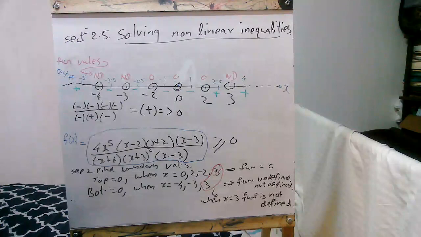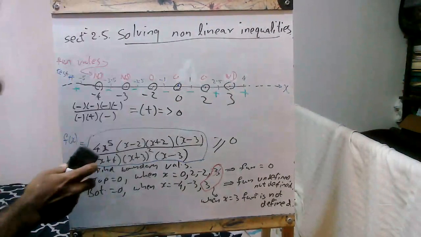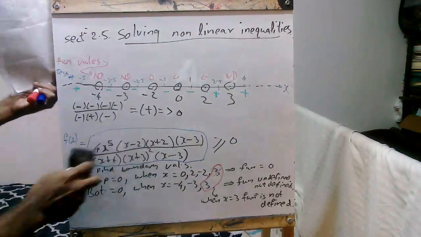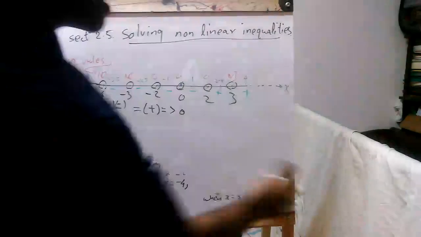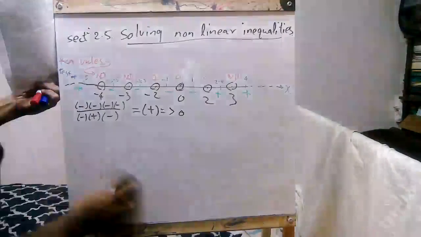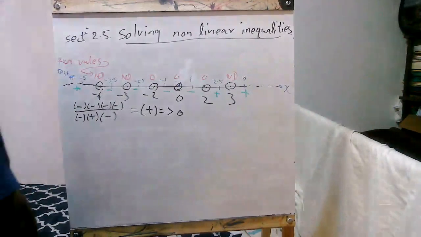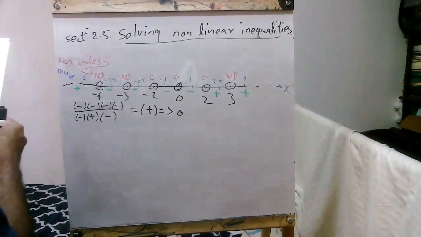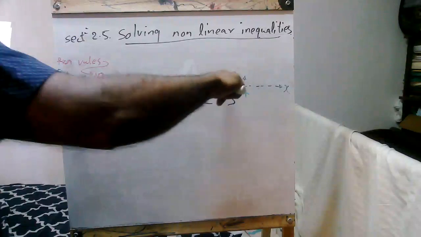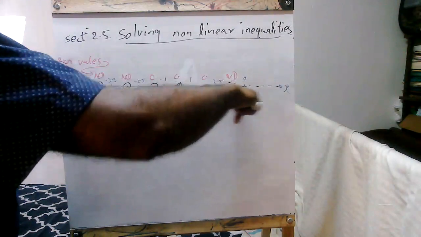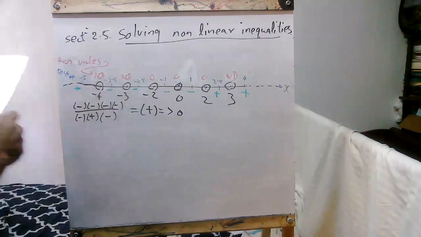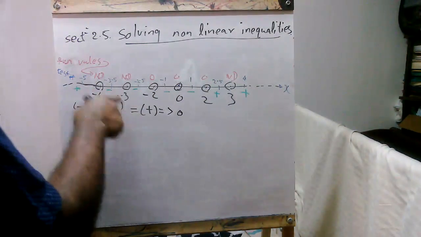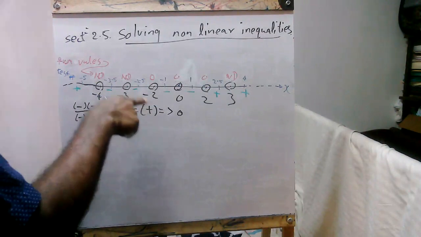Now we are almost done. I'm going to erase this. Now to write the final answer, what we need is this number line, our x-axis, and these green signs. What we need is where it is greater than 0, or positive.